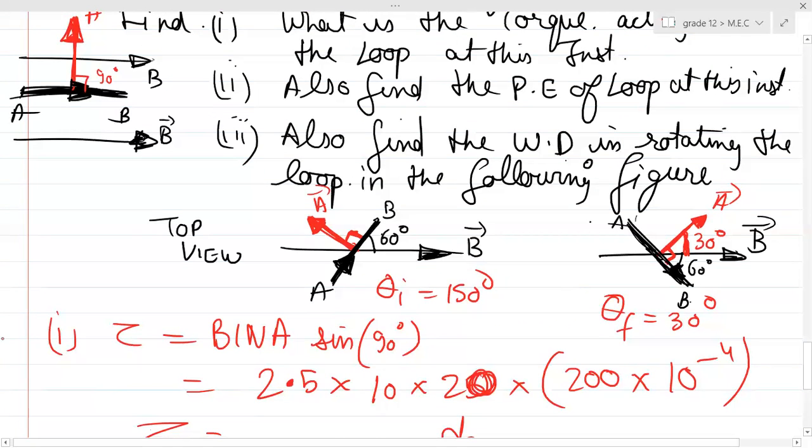The thumb should point in the direction of the area vector. You use the right hand thumb rule. When you move your fingers from A to B, suppose there is a whole loop, the area vector points towards that direction, which is mentioned over there. You are seeing from the top.